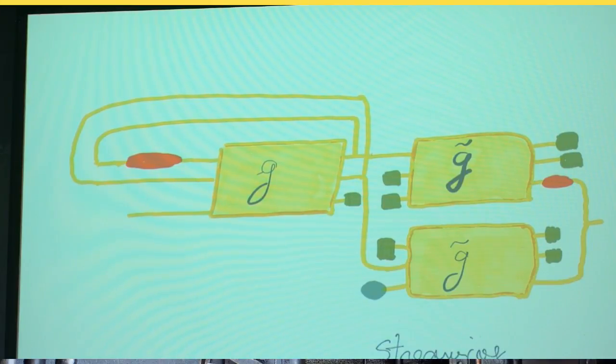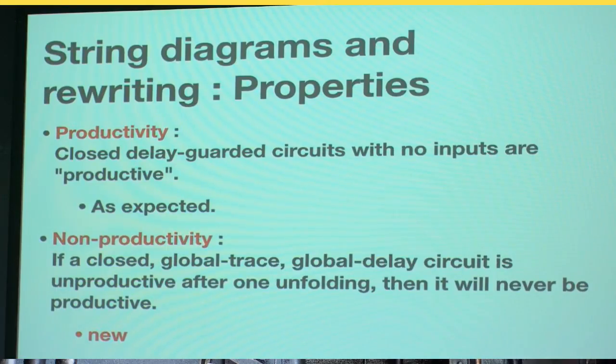So you don't have to carry on hoping that you're going to get some output eventually. You know that if one unfolding is unproductive, then you can stop. You're never going to get anything out of this circuit anyway. And this is a new result, and this obviously helps when you want to simulate an actual circuit.